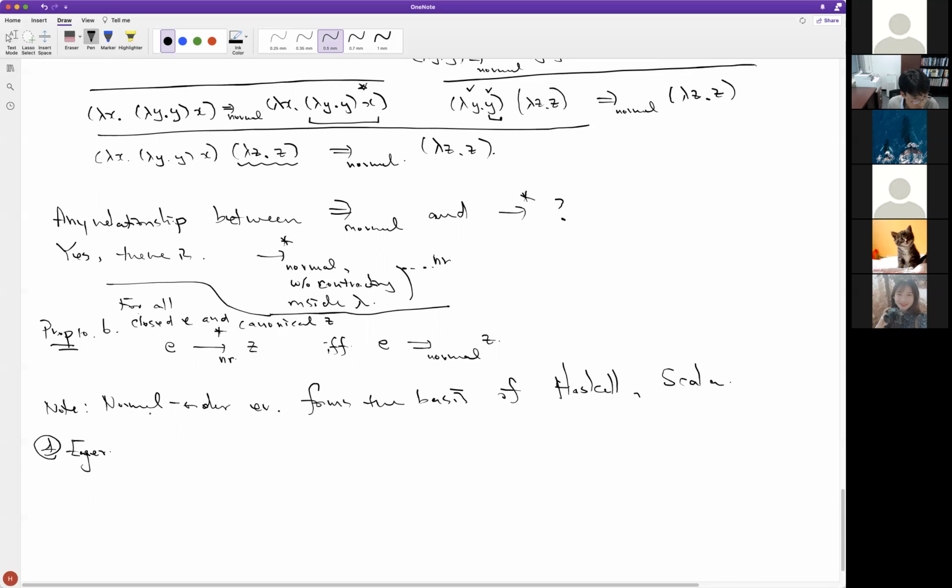That's written like eager, and that's again between closed expressions and canonical form.